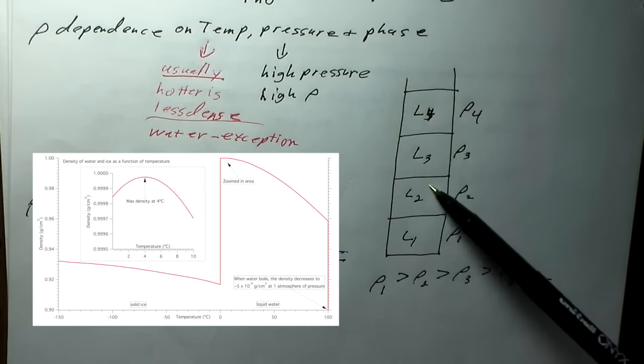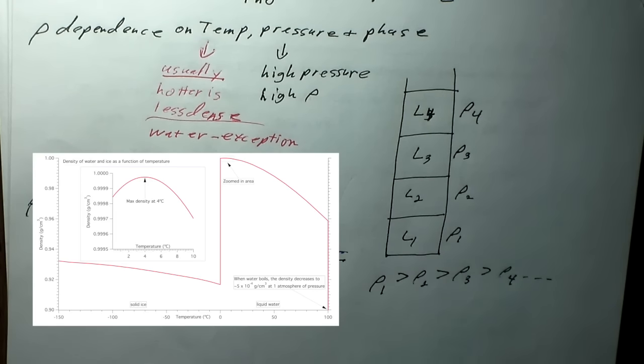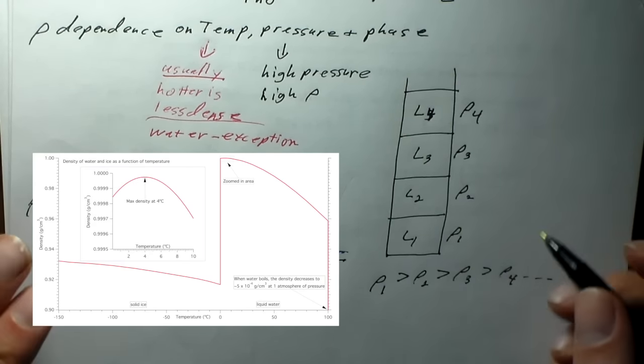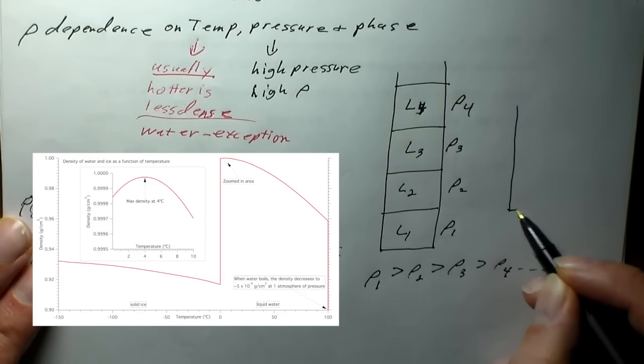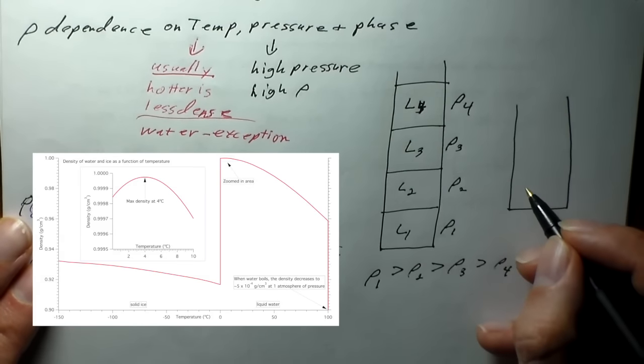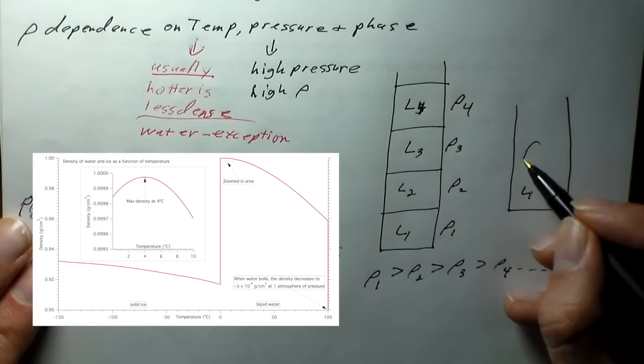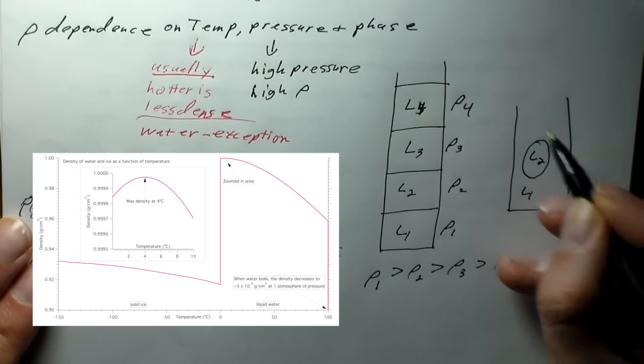Interestingly enough, if you happen to have two liquids which have basically the same density, but they are immiscible with one another, then in that kind of a case, you can actually get something like this. So you can have L1 here, and then you would have L2 in there.